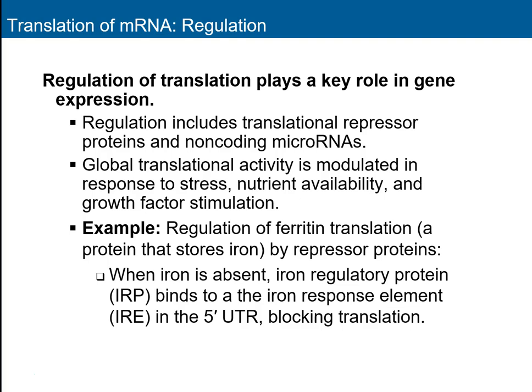If iron is not available, there's no reason for the cell to make ferritin, because ferritin stores iron. So it's only made when there's iron available that needs to be stored.